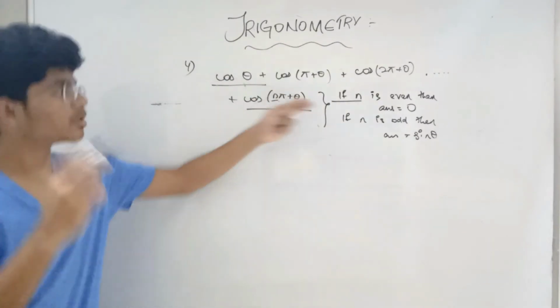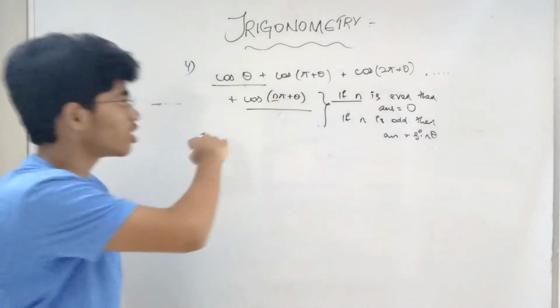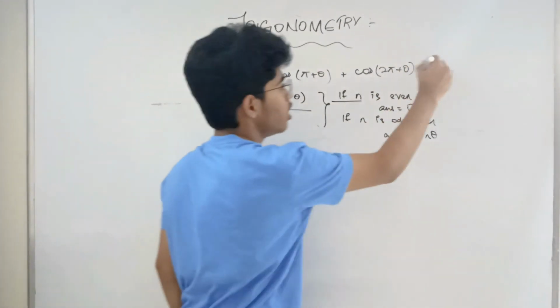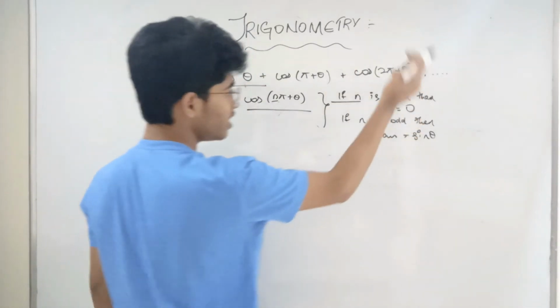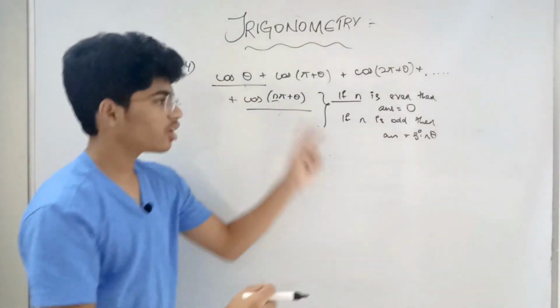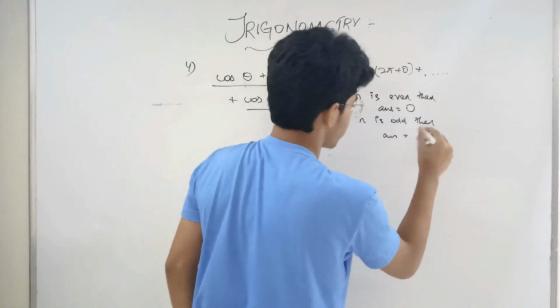So for cos theta plus cos pi plus theta plus cos 2 pi plus theta, up to cos n pi plus theta: if n is even, then answer is 0. If n is odd, then answer is cos theta, not sin theta. Yeah, we have to change this.